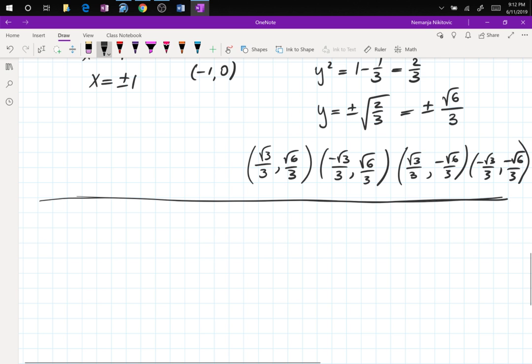Imagine making a ball, like a basketball, out of clay or silly putty, the modeling stuff for kids, and then sticking a cone through that ball.